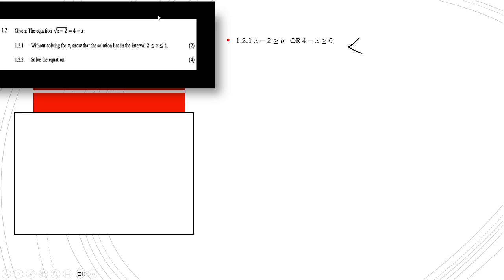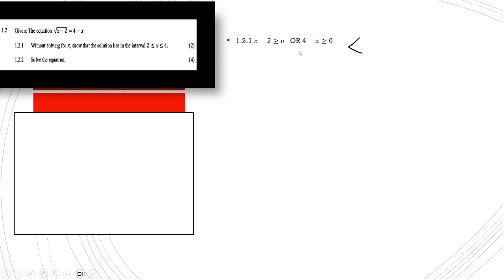Then the other side of the equal sign, 4 minus x, also greater or equal to 0, because we always look for something positive.